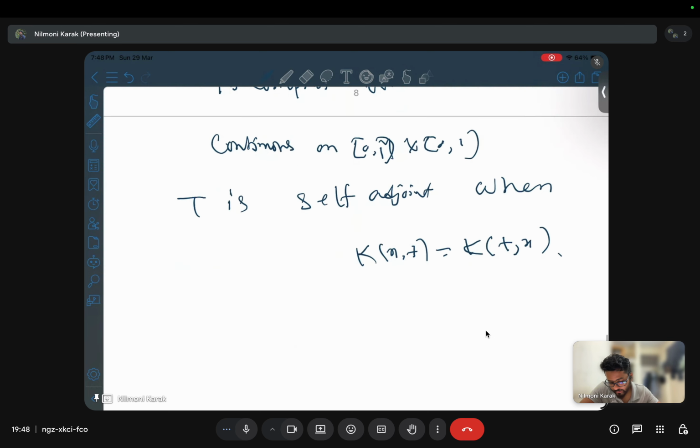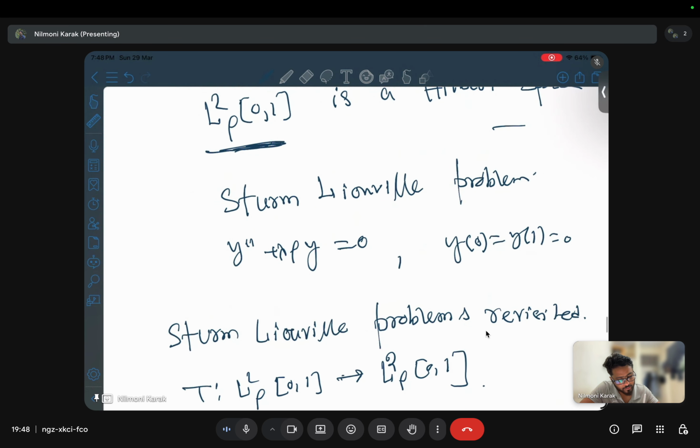For this Sturm-Liouville problem, the eigenvalues form a countable set extending to infinity, each eigenvalue is simple, and the eigenfunctions form a complete orthonormal basis.